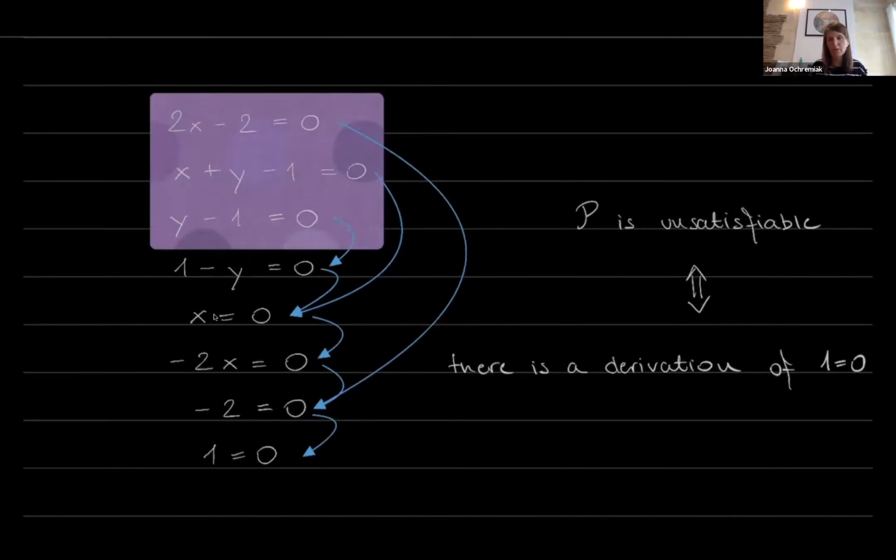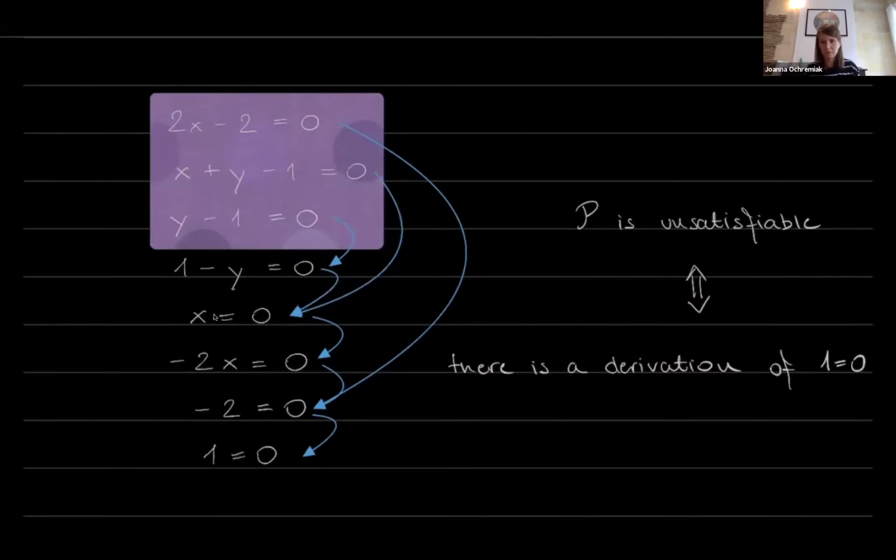Here the kind of contradiction that we get is 0 equals 1. You can have a look at those arrows. In each case, for instance, we start by taking this equation and multiplying it by -1, and we get this equation. This is applying this derivation rule. Then we are just adding those two equations. Those two arrows mean that we are adding those two equations to get x equals 0, and so on.